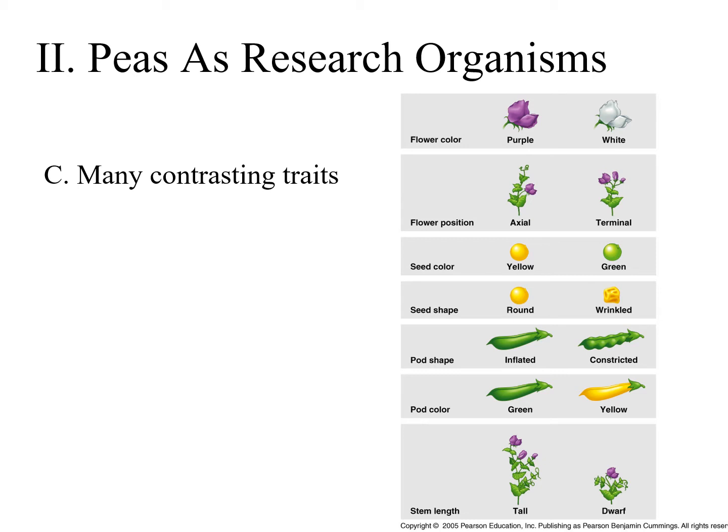Here's a really important characteristic. Peas have many contrasting physical traits that can be used as markers for tracking the inheritance through generations. Here we see a list of some of the variable traits in the peas that Mendel grew. Things like flower color, seed color, the height of the plant.